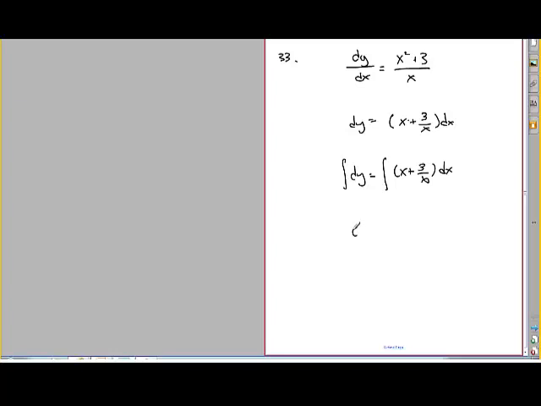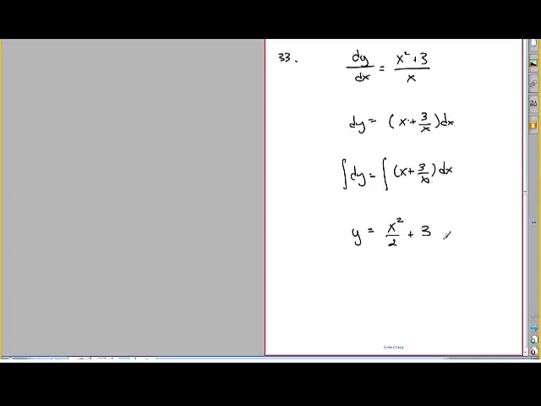And then we just integrate. Well, the integral of dy is just y. And then we have the polynomial, so the integral of x is x squared over 2. Then we'll have the natural log, because you have dx over x, with the constant 3.